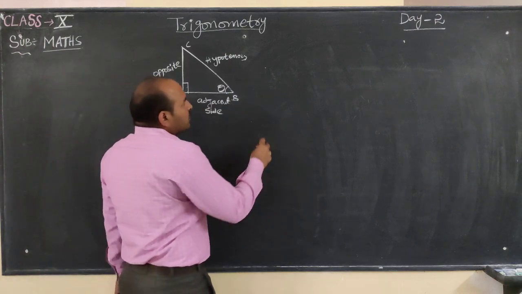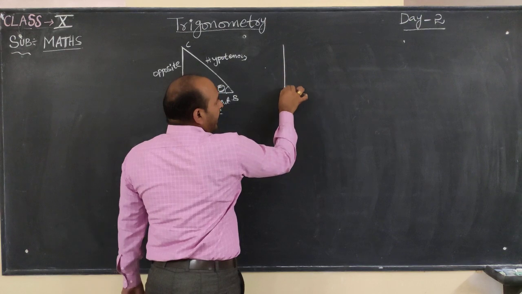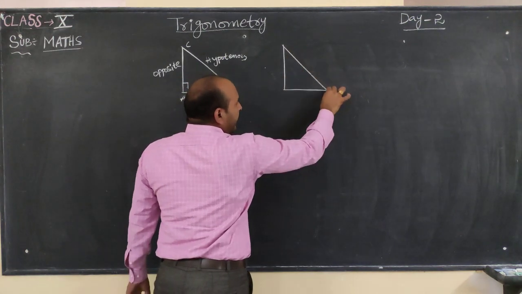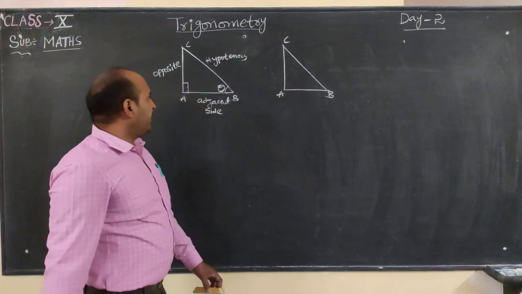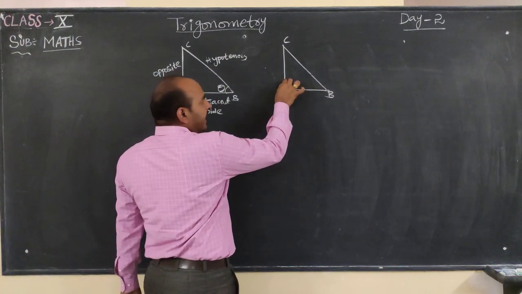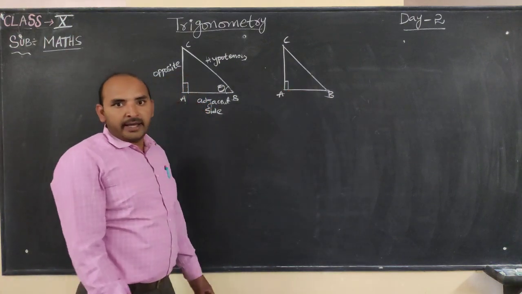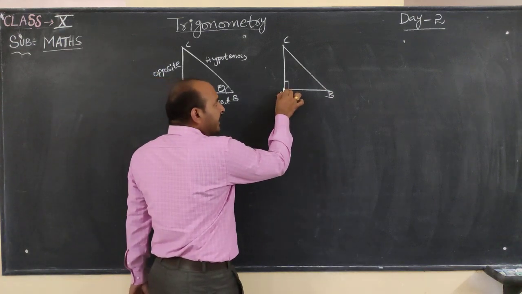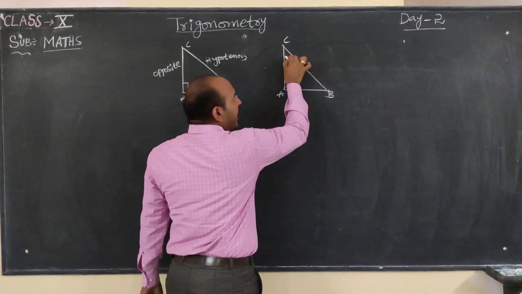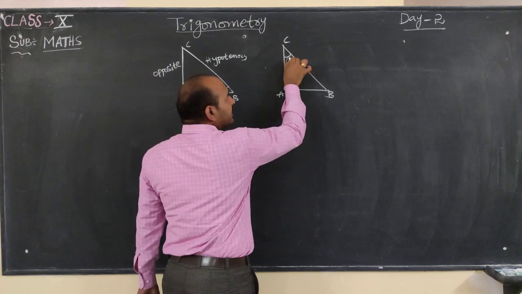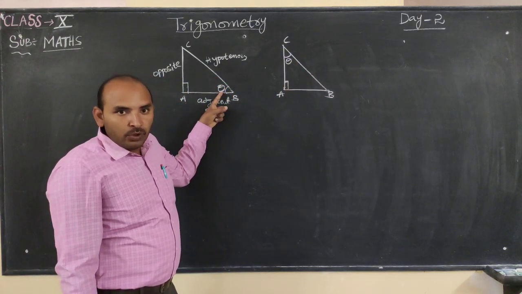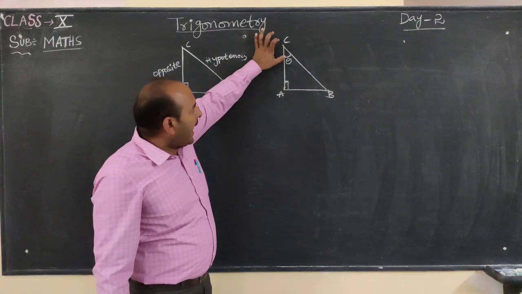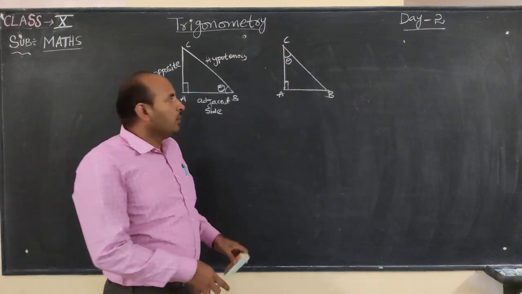Now suppose you take the triangle ABC again. If the angle is 90 degrees here, and the angle theta is at B and again the angle at C, let us take theta.